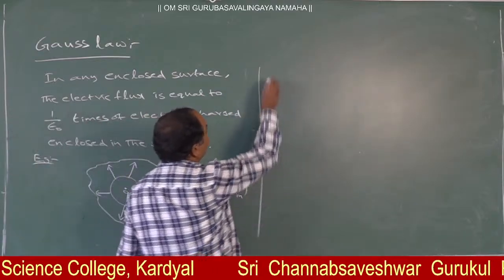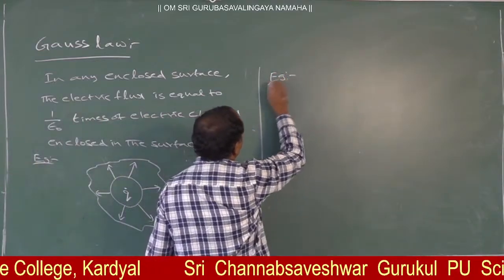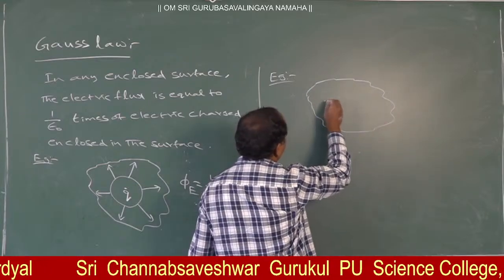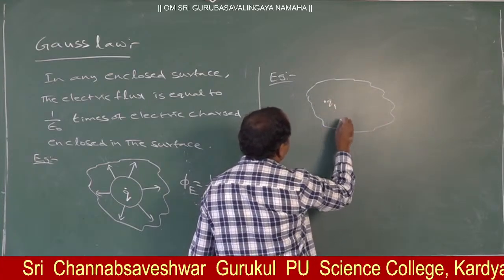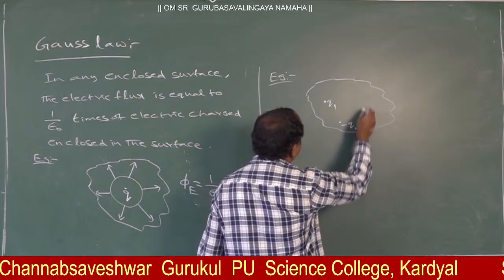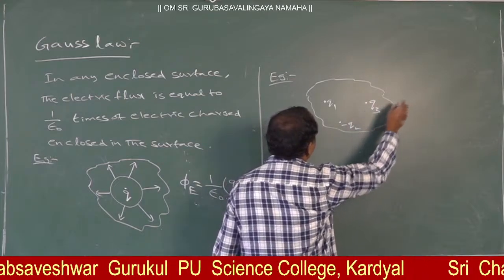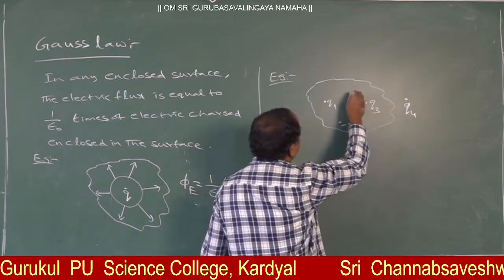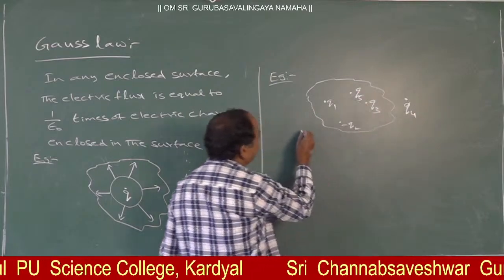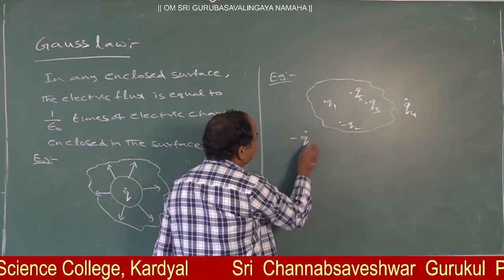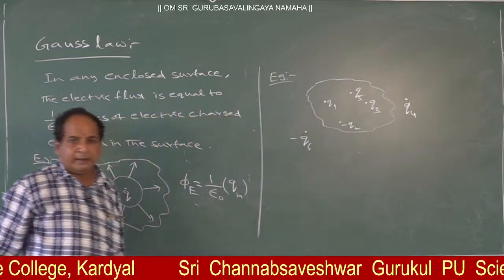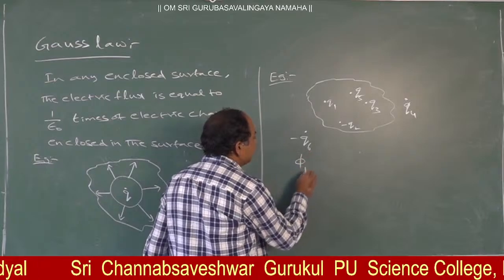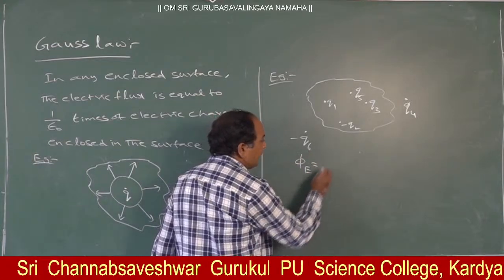Another example: suppose this is one enclosed surface. Here Q1 charge is there, here minus Q2, here Q3, here Q4, here Q5, and here minus Q6. Now what is the flux according to Gauss law?